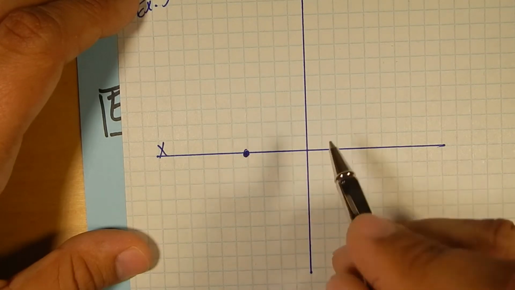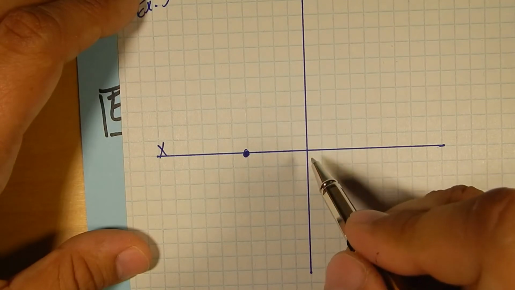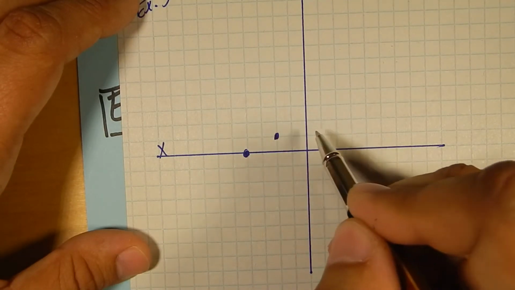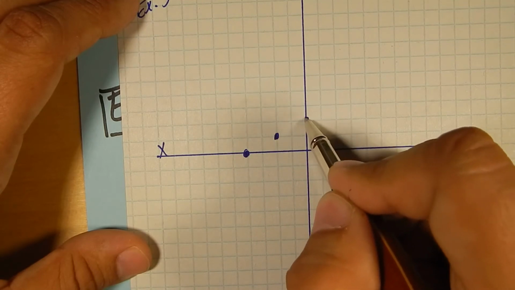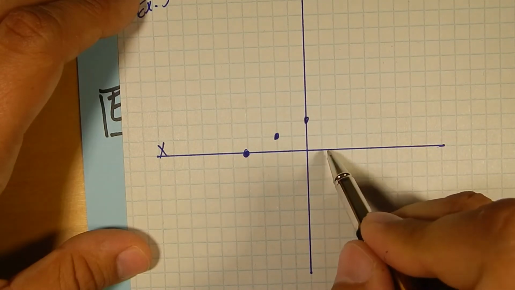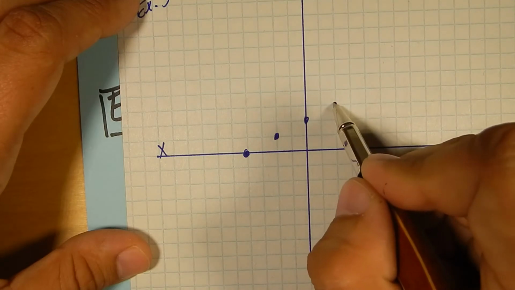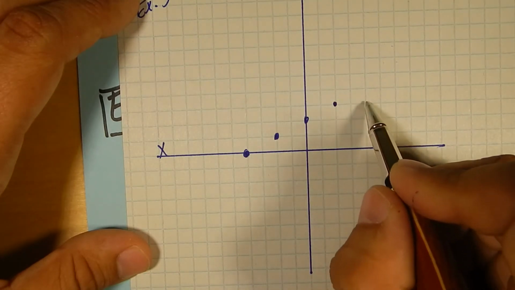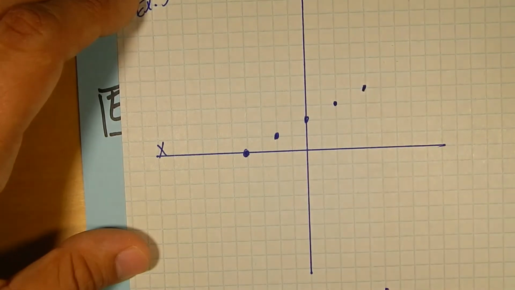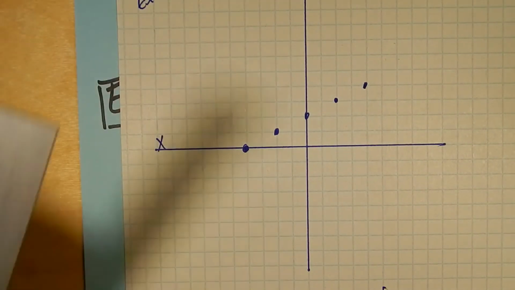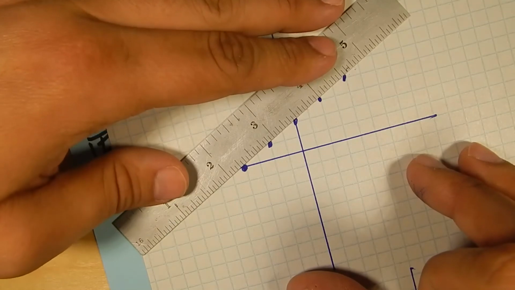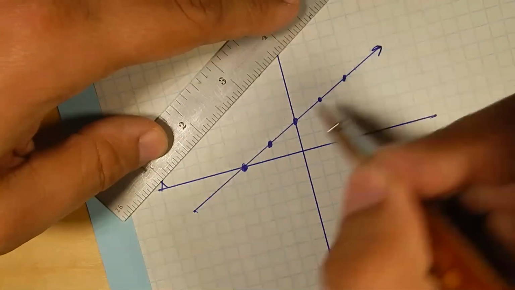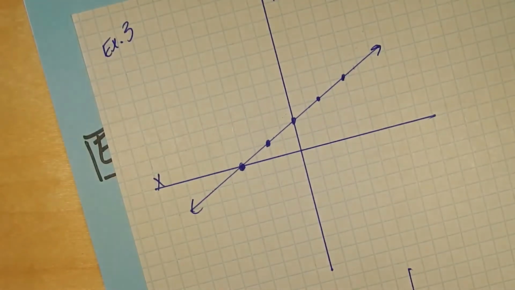And I don't go up or down. -2, 1. 0, 2. 2, 3. And 4, 4. And these points all ended up forming a line, just like the others, and just like we expect. So we have a line there.